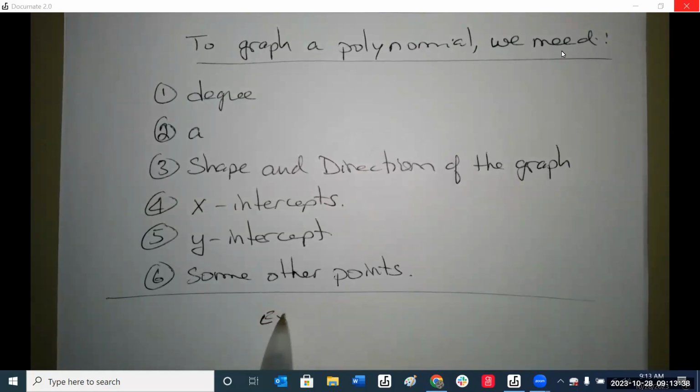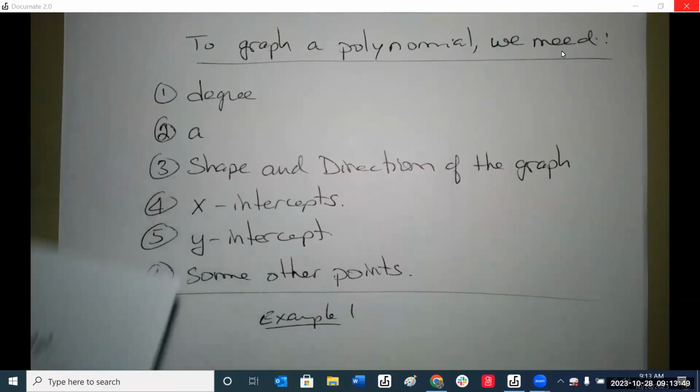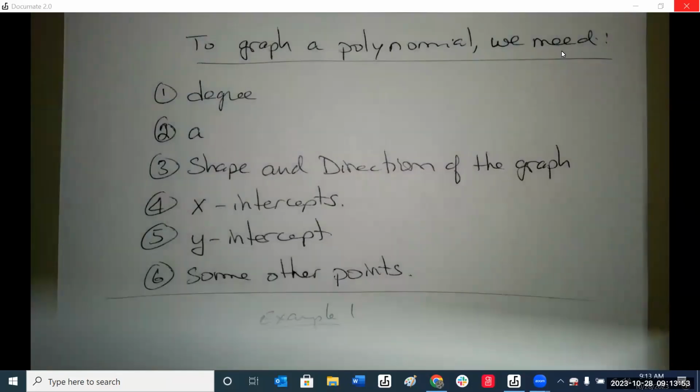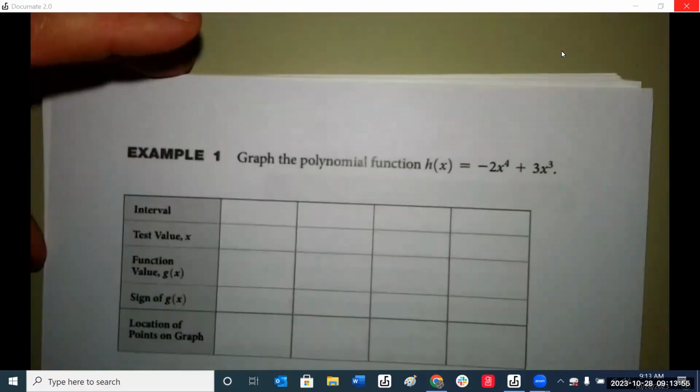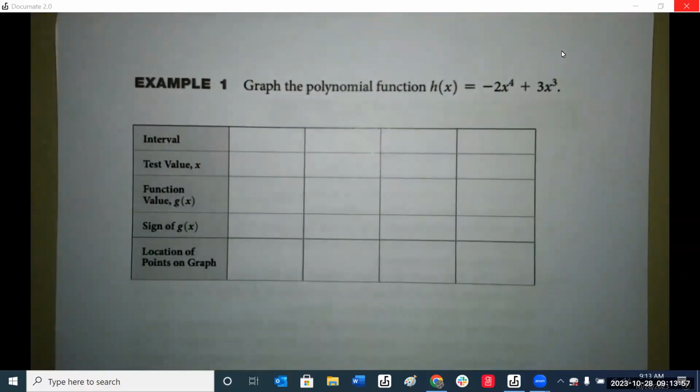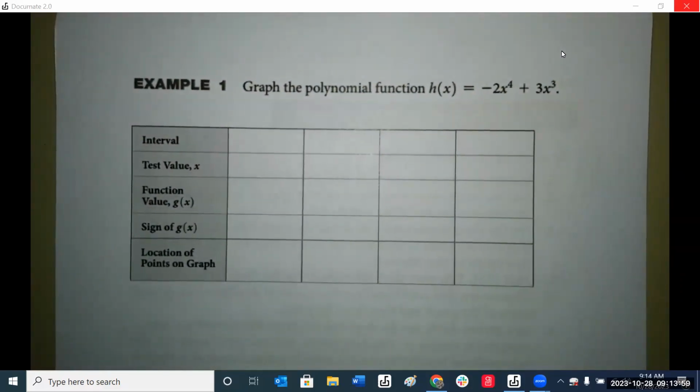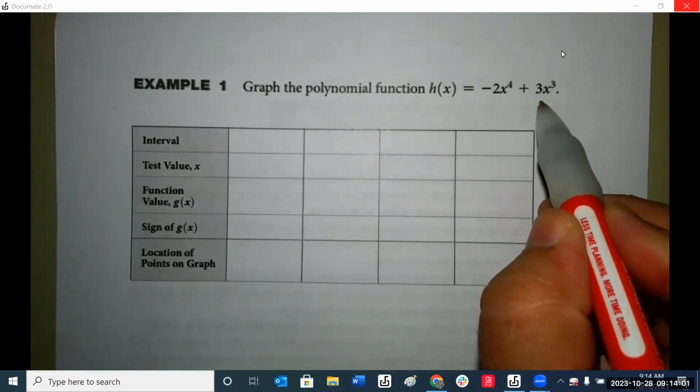Let's begin with example 1. Actually, let's look at these. So we have two terms.